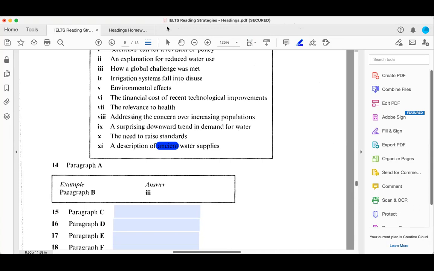No. Then need to raise standards and people suffer, are they the same? Yes or no, guys? No.